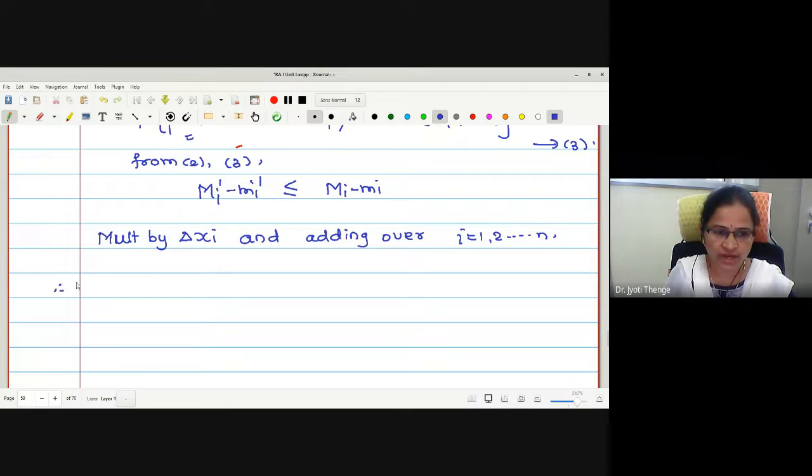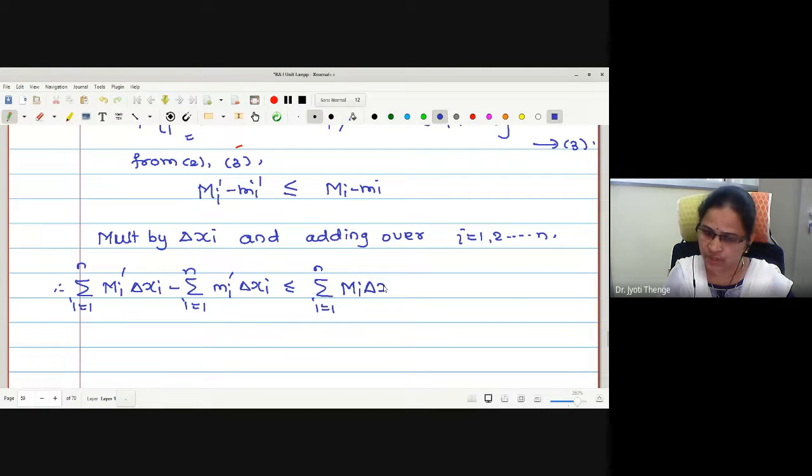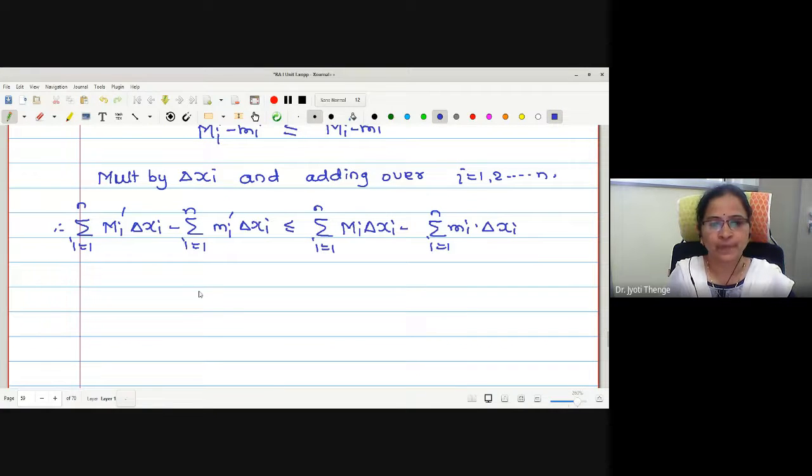So let me write summation i equals 1 to n capital Mi dash delta xi minus summation i equals 1 to n small mi dash delta xi is less than or equal to summation i equals 1 to n capital Mi delta xi minus summation i equals 1 to n small mi delta xi. Is that okay? Now you tell me the sums corresponding to every term.